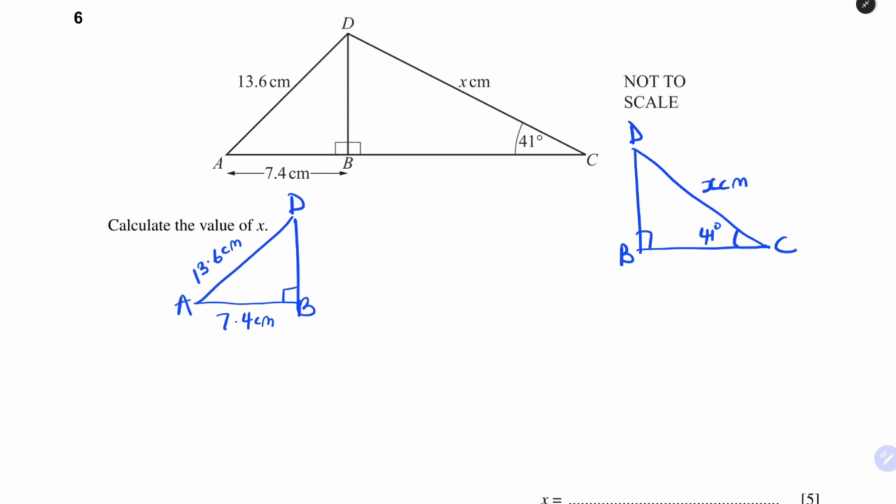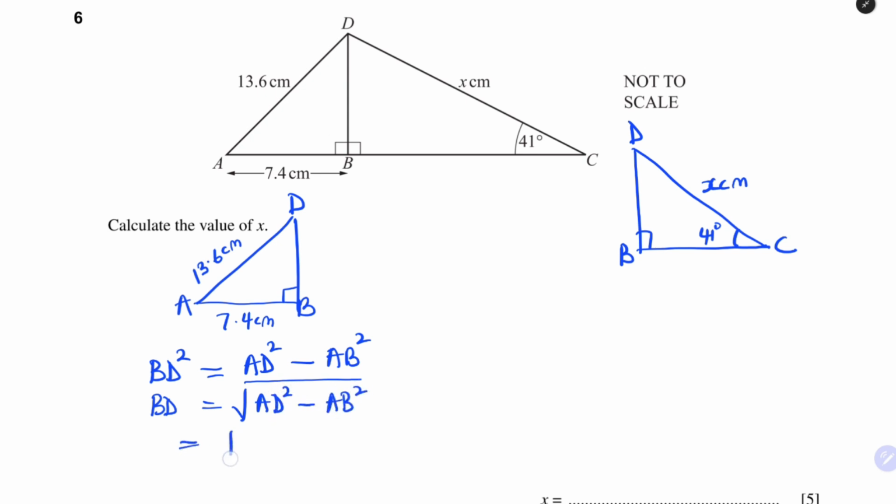This BD is the same thing here. So let's get right into finding BD. BD square is going to be AD square minus AB square. And that means our BD will be the square root of AD square minus AB square.